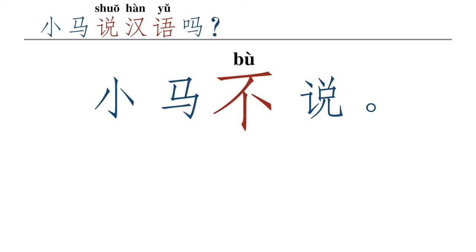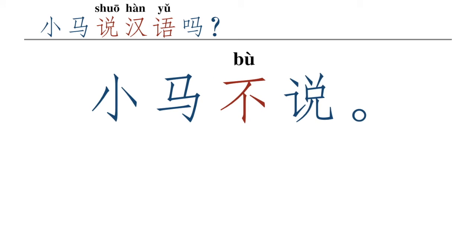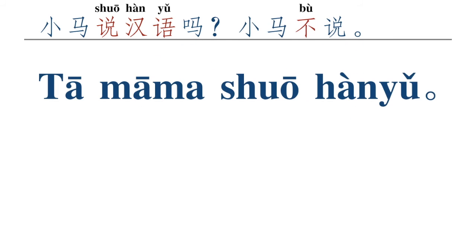But now it has lost its concrete meaning and just means the negative adverb no, nothing else. The whole sentence in characters. 小马不说。小马不说。And finally, the last sentence.